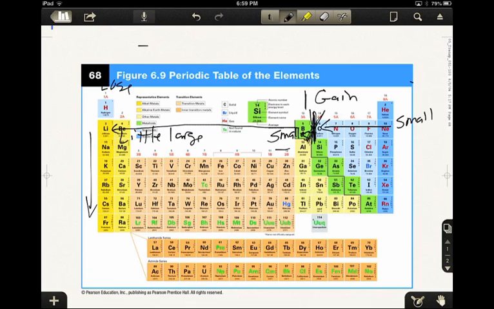Okay, so it's just because these guys on this side right here, they gain electrons. That makes them get bigger. These sides lose electrons. That makes them in general get smaller. So this is kind of a weird one. It follows the trend in general, but you just got to remember that your biggest one overall would be like right in here. That's your biggest overall.